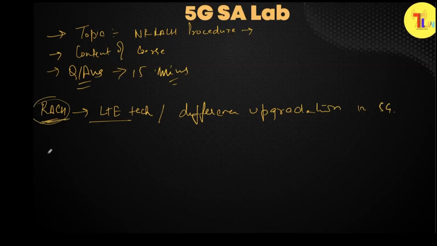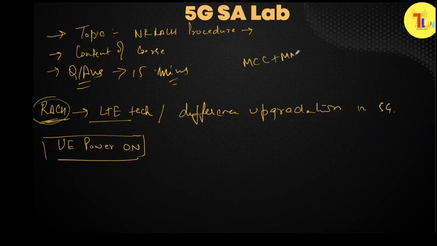When you are powering on your UE, it will scan some frequencies according to the PLMNs, which consist of your mobile country code plus mobile network code.